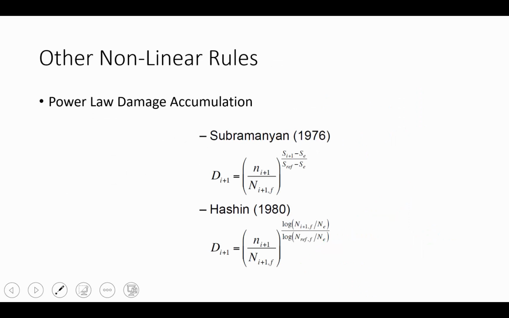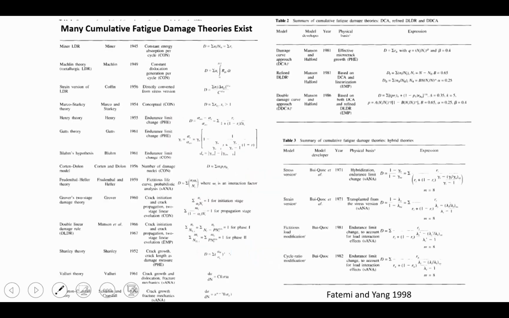Beyond the double linear damage rules, there are many different nonlinear rules that people have developed. Here is a set of power law-based rules. And here, in a paper by Fatemi and Yang, a seminal paper written in 1998, they summarize the literature at that time for the different damage rules that have been observed. And see, our Palmgren-Miner rule is one of the oldest.